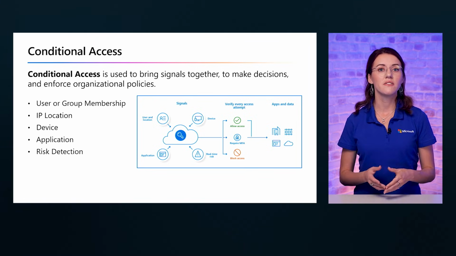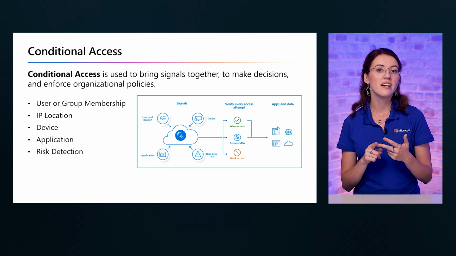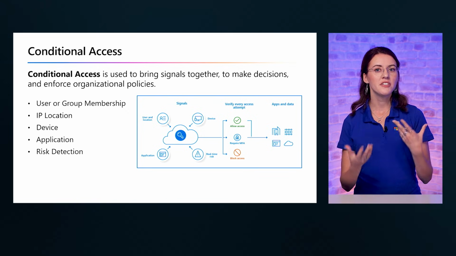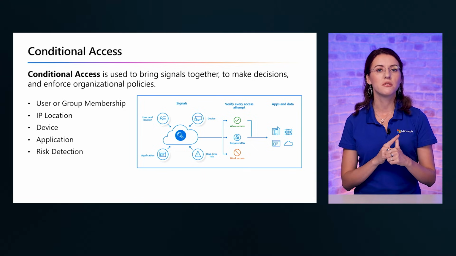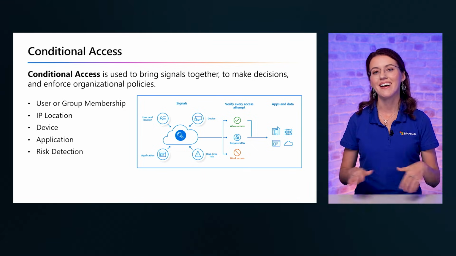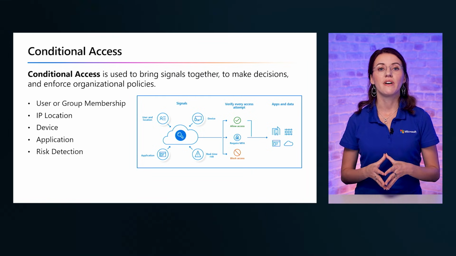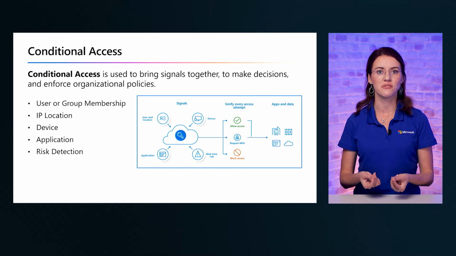These signals include user identity, user location, and the device from which the user is requesting access. Conditional access helps IT administrators enable users to be productive from anywhere, anytime. Conditional access also provides more granular multi-factor authentication for users.